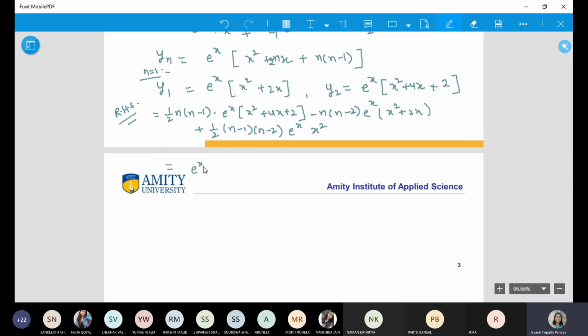E to the power x is common. I'm taking 2 also just to simplify. So it is n minus 1 x square plus 4x plus 2 minus 2n minus 2 x square plus 2x plus n minus 1 minus 2 d2 bar x square.